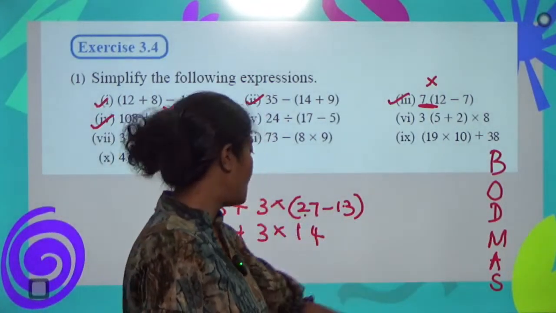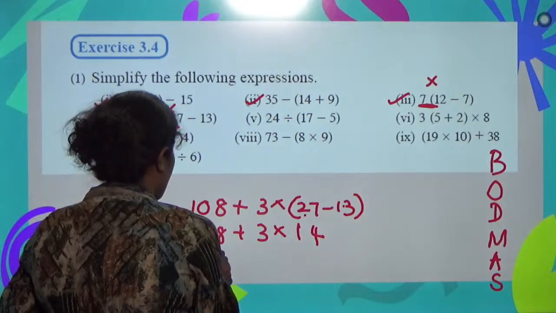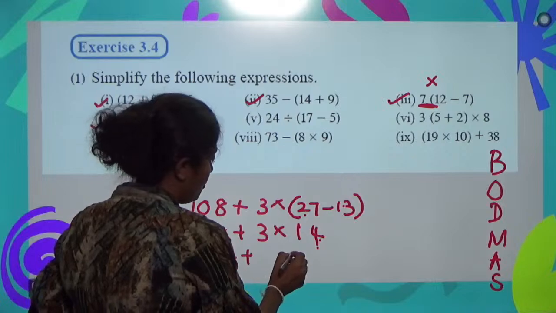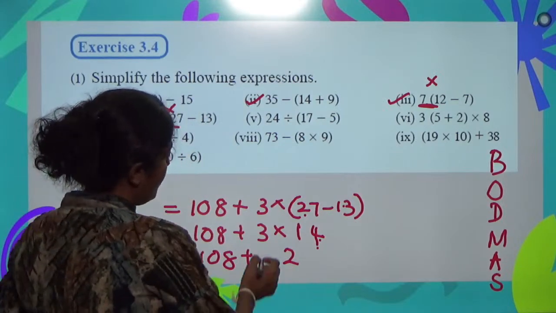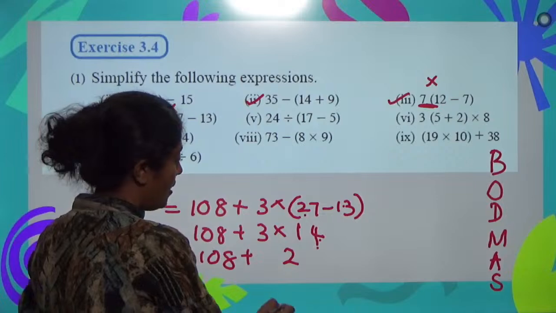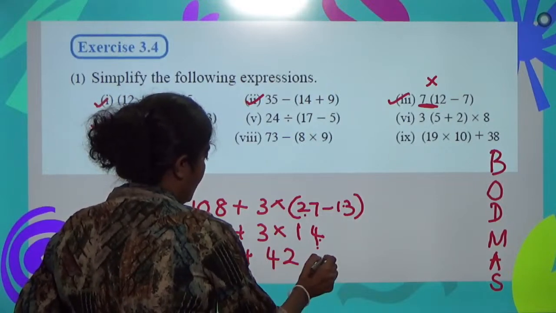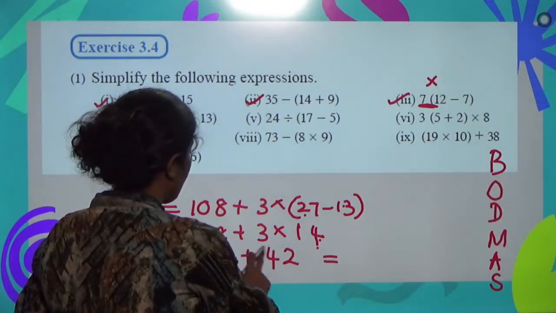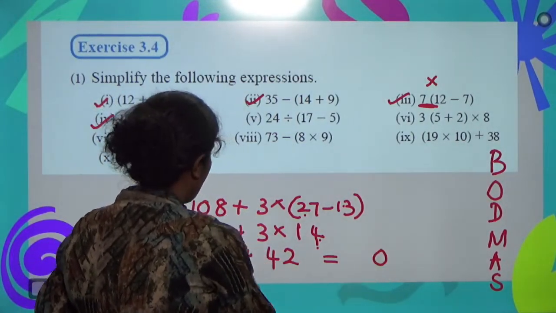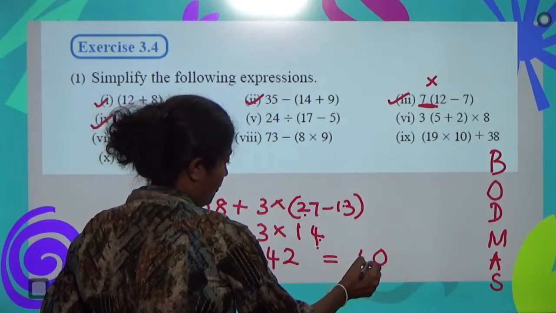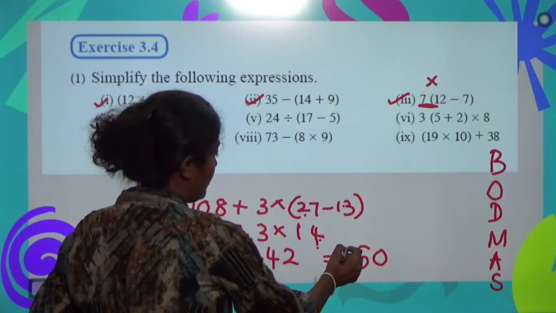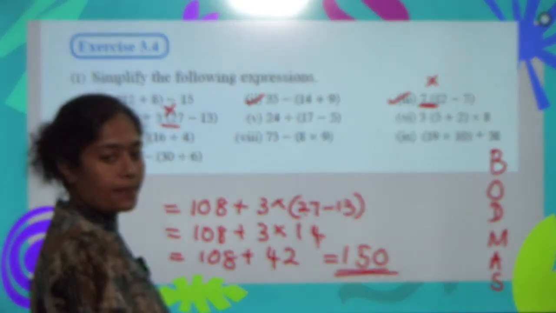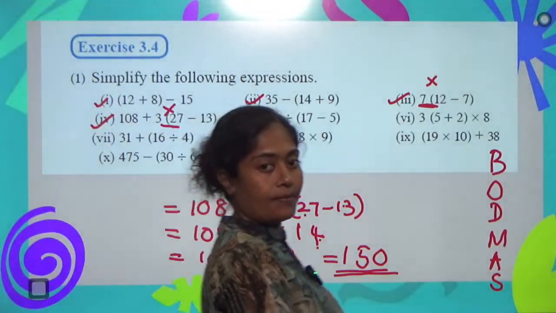According to the rule, multiplication. 3 into 4, 12; 3 into 1, 3, plus 1, 4. Then 108 plus 42, the answer is 150. Okay. Yes. Right.